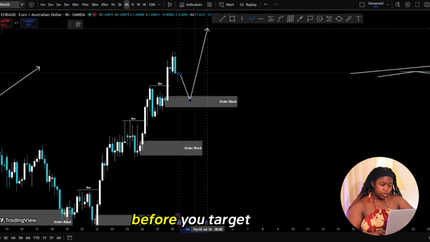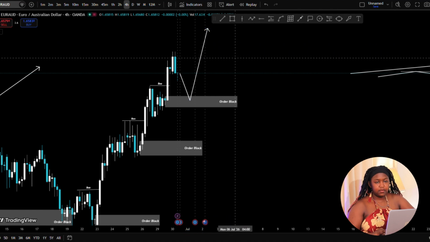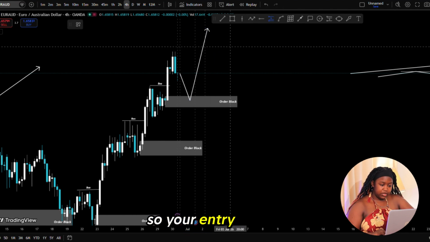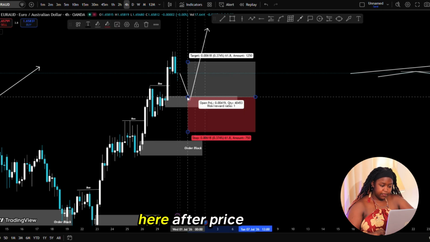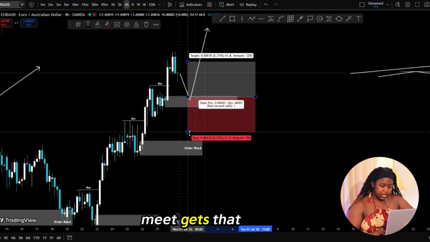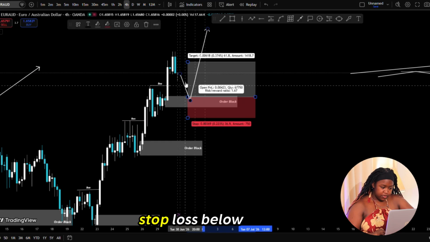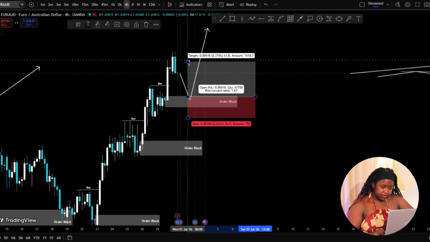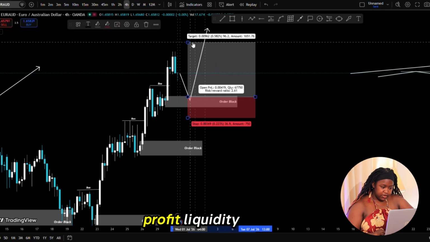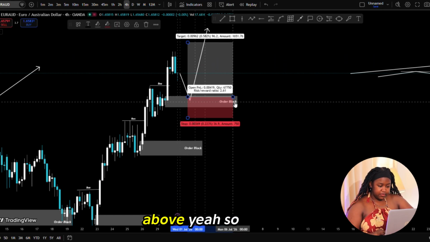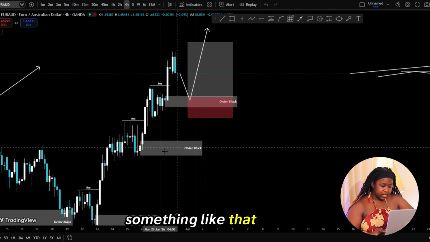Retracement here before you target buys. Yeah, so your entry will be somewhere here after price mitigates that level. Stop loss below that low, and then take profit, liquidity above. Yeah, so something like that.